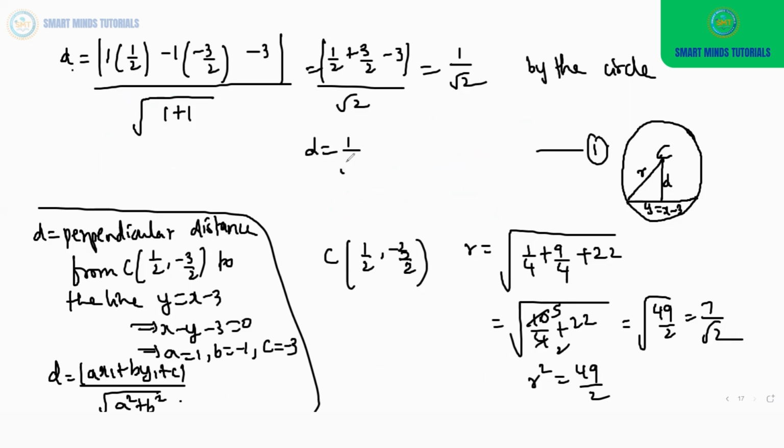So d is equal to 1 by root 2. d square is equal to 1 by 2.